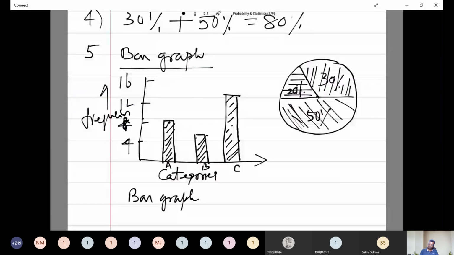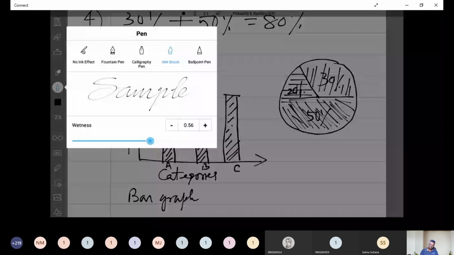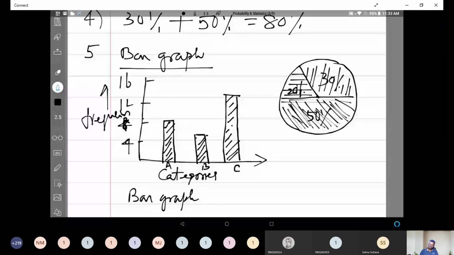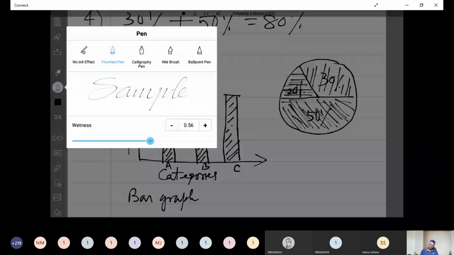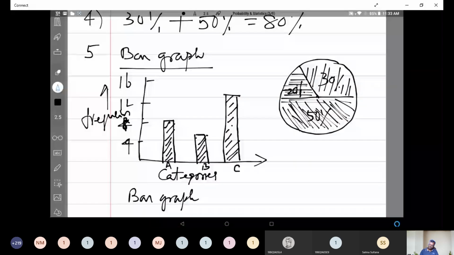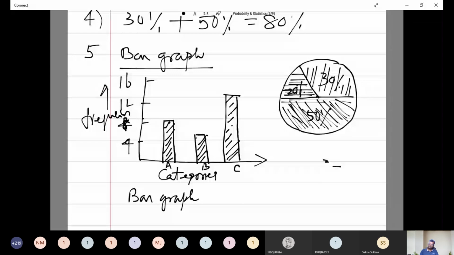You have to show this. Okay, this is the bar graph and pie chart.